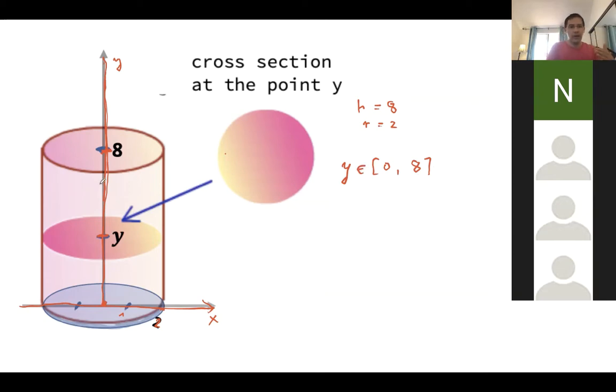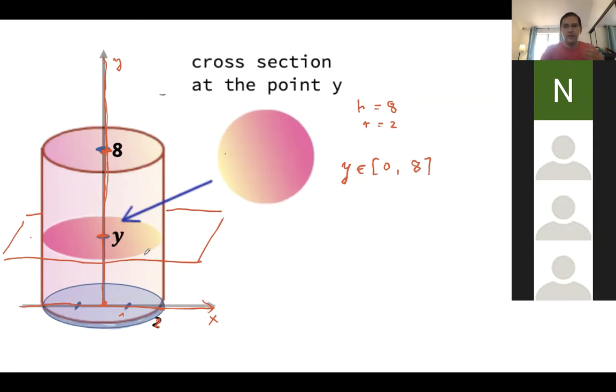So what I do, I'll take a piece of paper. And on level, the y could be any number, for example, 1, 2, 3, 4, or 7, anything between 0 and 8. Here's the cross-section that corresponds to this point y.